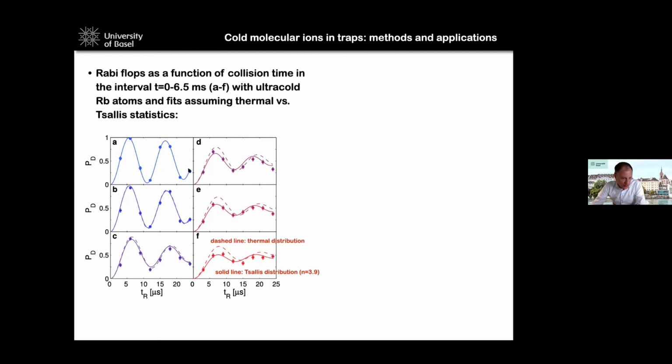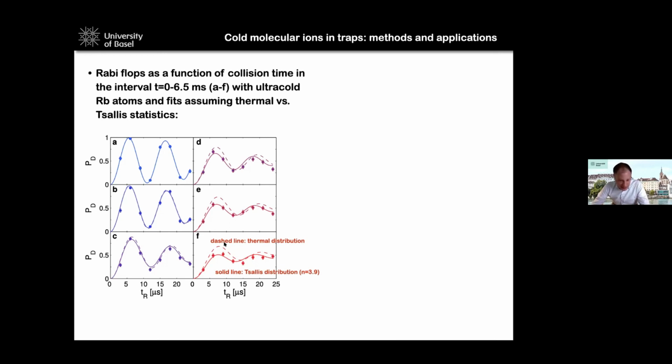You see, this was a typical Rabi oscillation for an ultracold ion before the collisions, and this is what they got after the collisions in the different sorts of experiments. And then they were modeling these Rabi oscillations, first assuming just a thermal distribution of the ion energies in the trap, and then a Tsallis distribution.